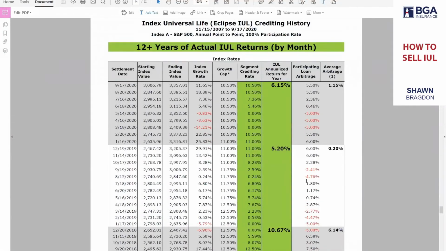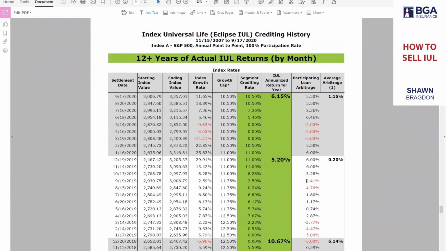This is another carrier that actually publishes every single return that every premium you could have made into their index UL policy since 2007. Most insurance carriers, if you buy your policy September 1, they're not actually buying the index option until September 15th. So they can easily track every single premium that could have gone into that policy.